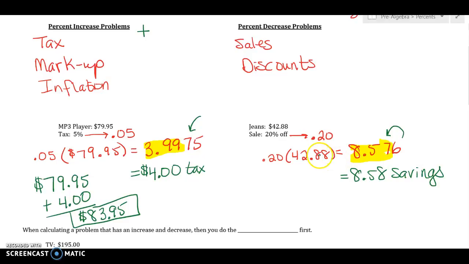So for savings and sales, these are minus problems. So I'm going to do my original cost, $42.88, and I'm going to minus the money that I'm saving. And so 42.88 minus 8.58, and I get $34.30. So after the sale, the new cost of the jeans is $34.30.